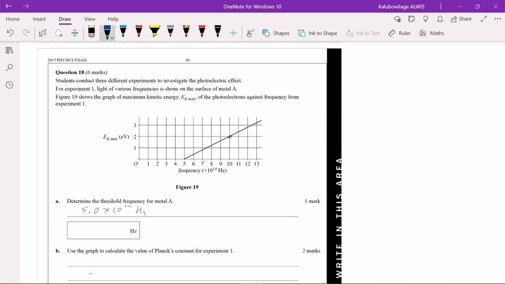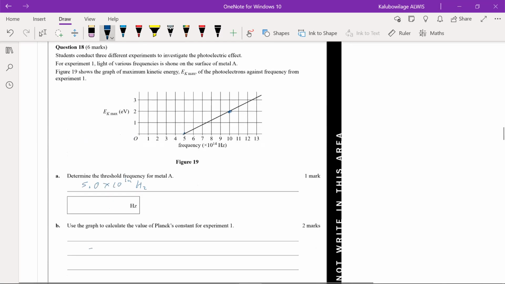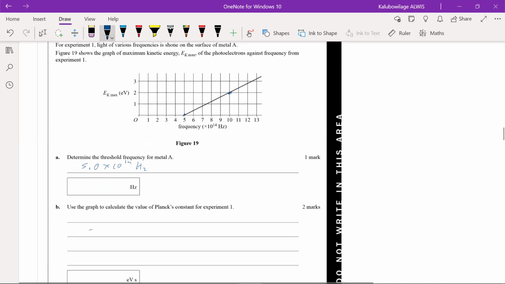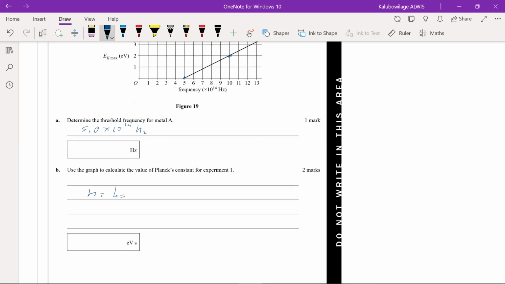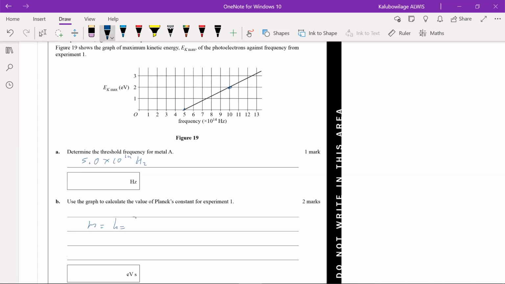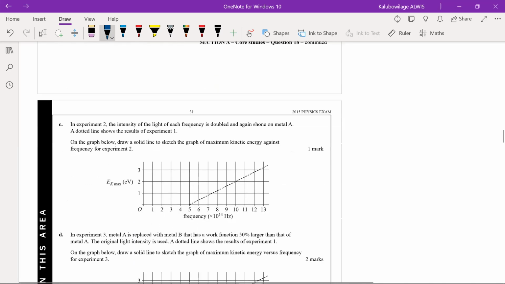I'll take this point and this point since they meet at the lines. At frequency of 10, it's 2.0. And we can just do 10 minus 5 times 10 to the power 14, which is 4 times 10 to the minus 15 electron volt seconds.